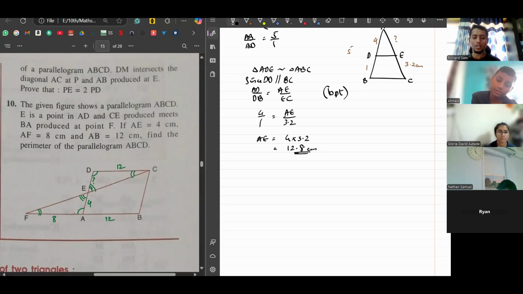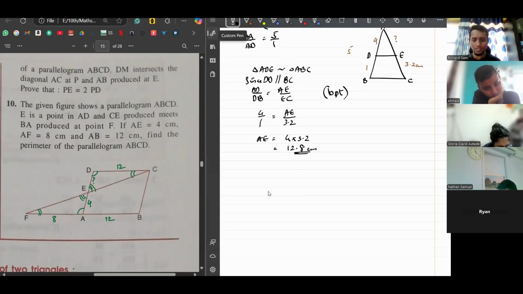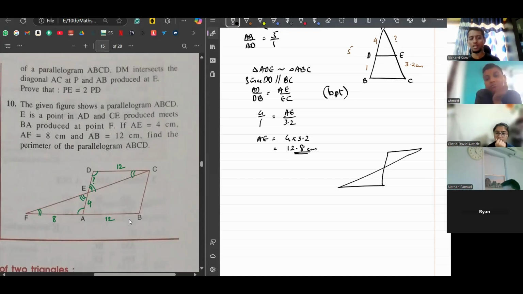Since they're similar, all their corresponding sides are proportional to each other. Which are the corresponding sides? If you're getting confused, draw both the triangles either together or separately, but don't use the rest of the part. We don't need all that. So this side, FA, is corresponding to which side?